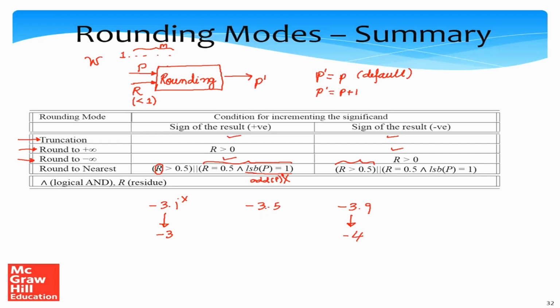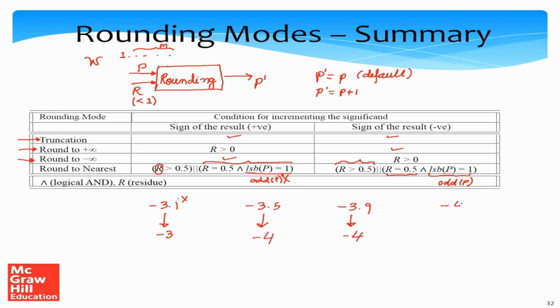Now if I consider minus 3.5, in this case the residue is 0.5, so this sub-condition is true. Again, what I need to check is that p is an odd number. If it's an odd number, something needs to be done, otherwise we can go with the default. So in this case, 3 is an odd number, so that's the reason we round it to minus 4.